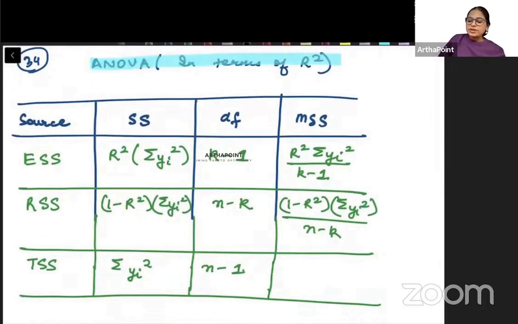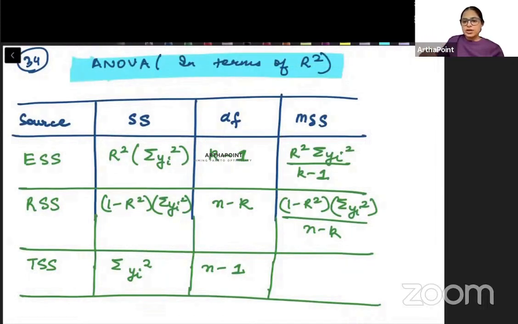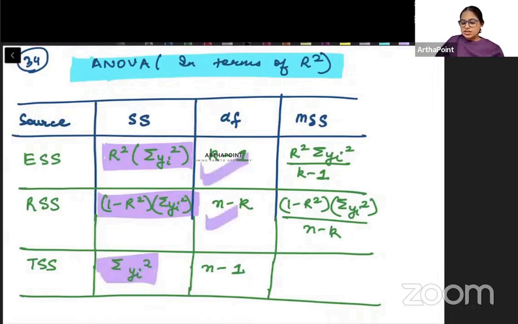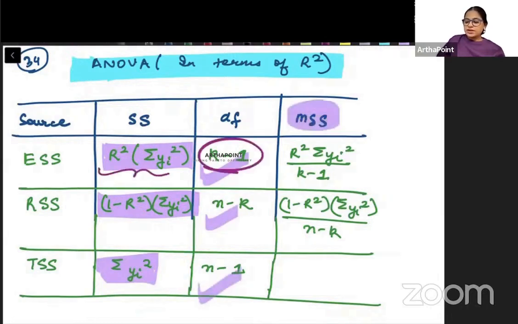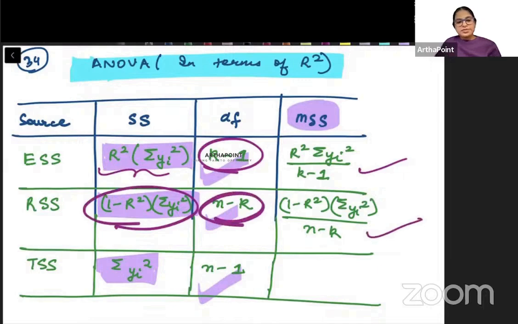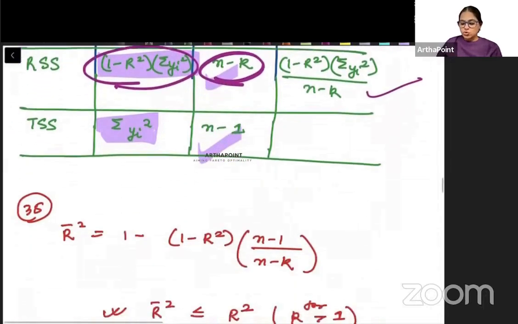This is your ANOVA table in terms of R square. तो अगर हमें ANOVA को ही R square के terms में लिखना है, तो ESS का formula in terms of R square is this. RSS का formula in terms of R square is this, and TSS is this. The degrees of freedom of ESS, RSS and TSS remain the same. और ये mean sum of square है. So ESS divided by degrees of freedom, RSS divided by degrees of freedom. That will be your mean sum of square.